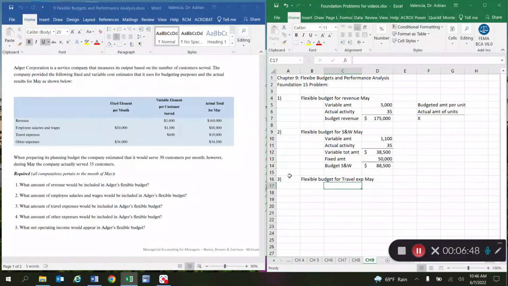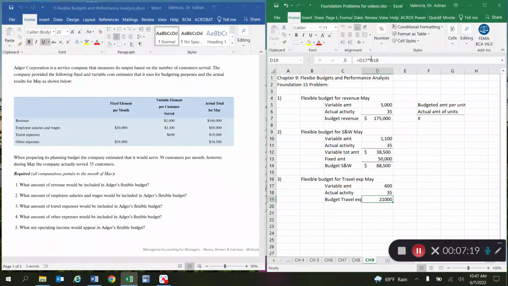So we have again the variable amount, which they tell us is $600, and then the actual activity is 35 customers, I'm sorry. So then this is the budgeted travel expense. Okay, so let me do this computation, and it's $21,000.